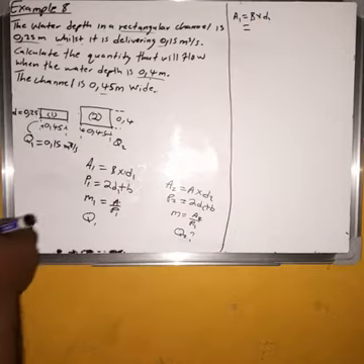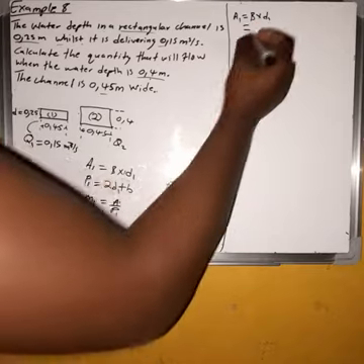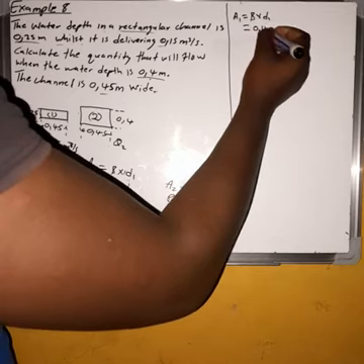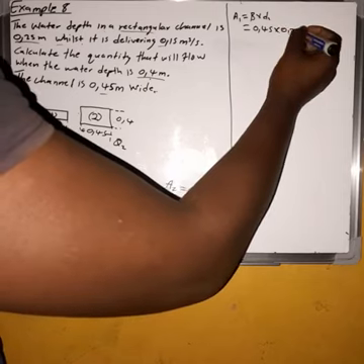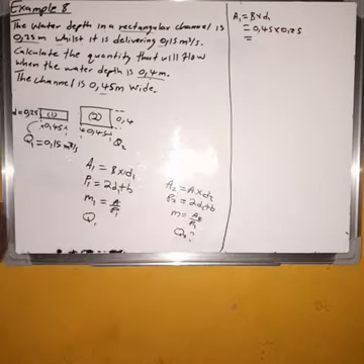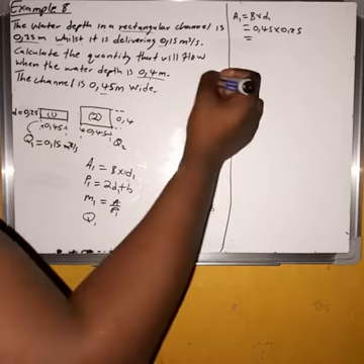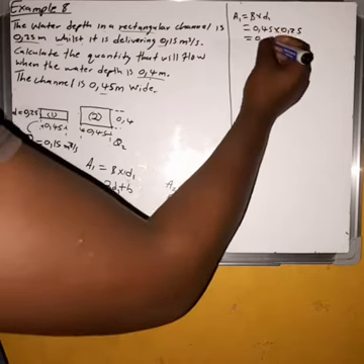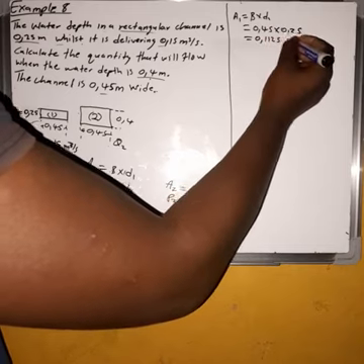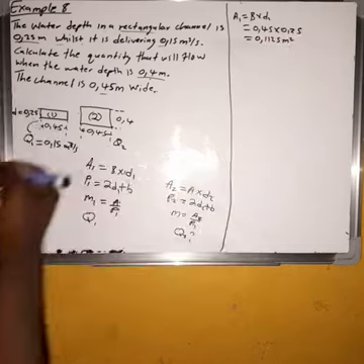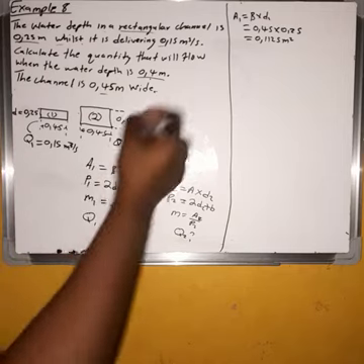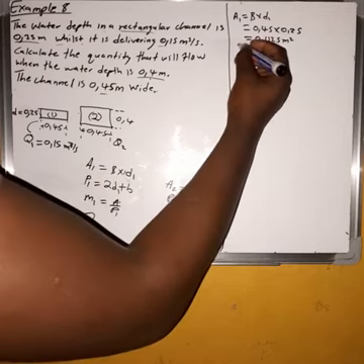Substituting, the base is the same, 0.45, multiplied by depth 1, which is 0.25, equal to 0.1125 square meters.